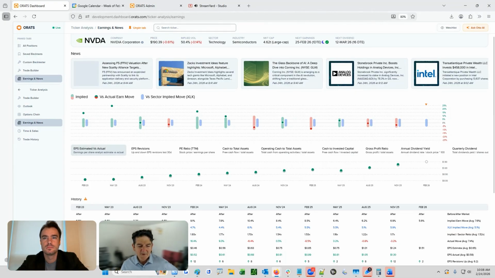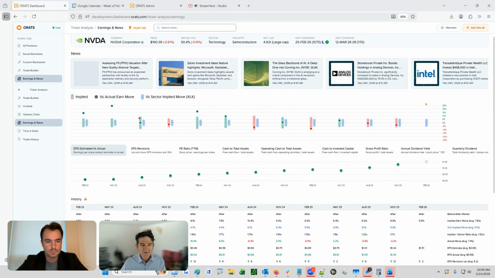And you could see, for example, the median of all the XLKs was 4.6 in August of 23. So you could see how much larger Nvidia was at that time. Didn't move very much, but that's what all these points are showing here.